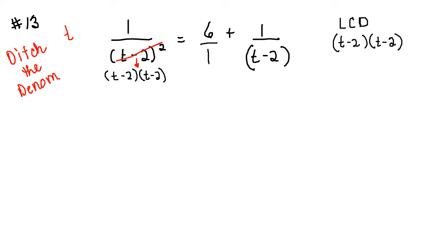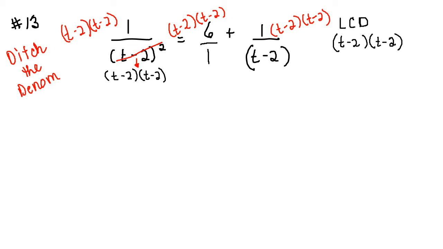So I'm going to multiply everybody by t minus 2 times t minus 2. This is a nice, easy way to take everything back to being linear instead of being that fraction problem.